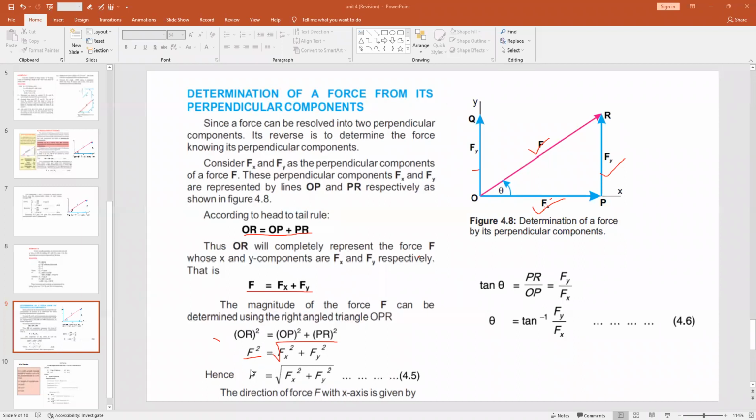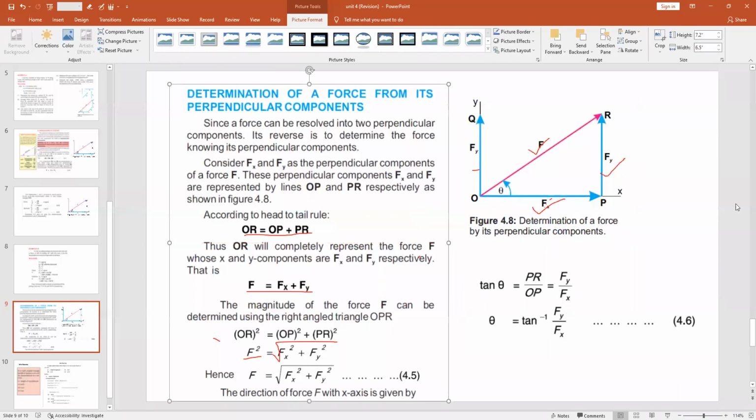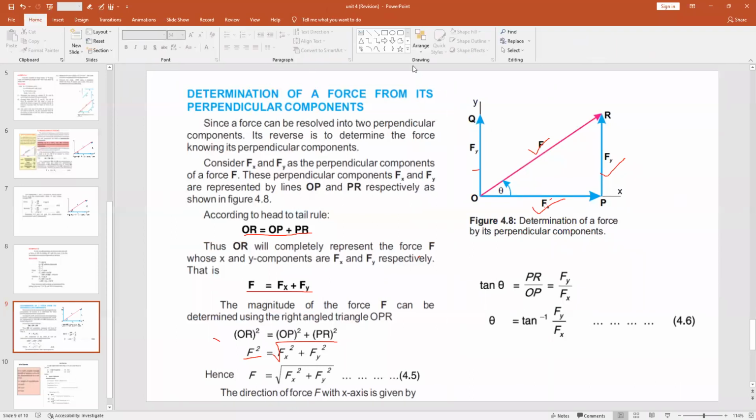So by taking the square root, F is equal to the square root of Fx square plus Fy square. So this is basically the magnitude of force that we can find by using the Pythagoras theorem, right?